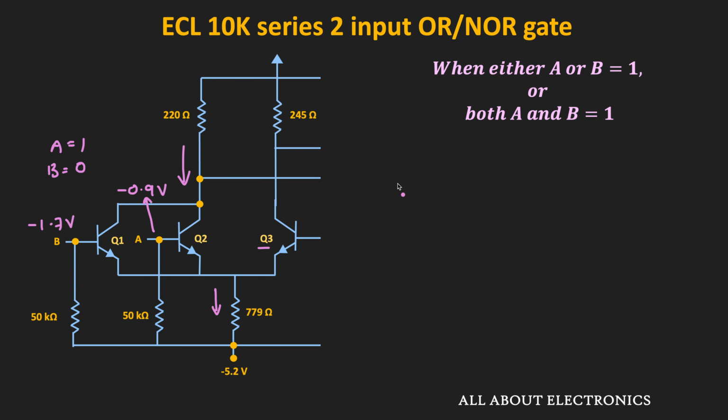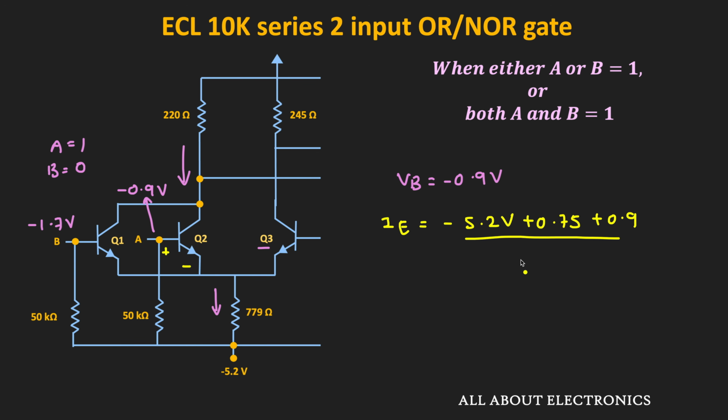So here this base voltage is equal to minus 0.9 volt and here if we assume the VBE drop of 0.75 volt, then this emitter current IE will be equal to minus 5.2 volt plus 0.75 volt, that is the VBE drop, plus 0.9 volt, and in the denominator we will have this 779 ohm.